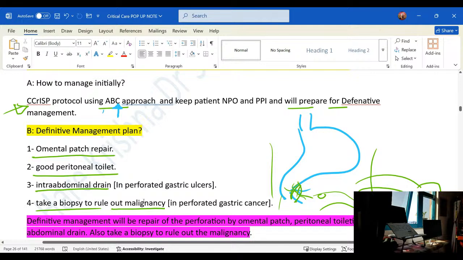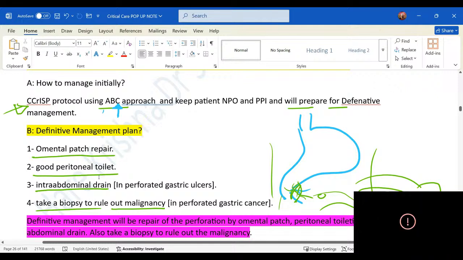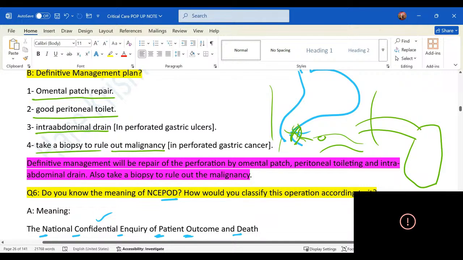If malignancy is suspected, we can take a biopsy. Definitive management of a perforated gastric ulcer is repair of the perforation by omental patch, peritoneal toileting or washout, and intra-abdominal drain. Also take a biopsy to rule out malignancy.